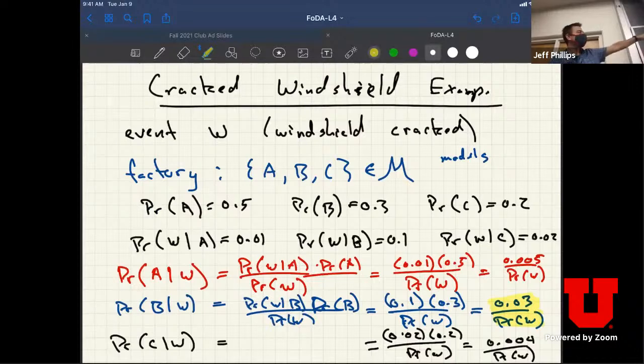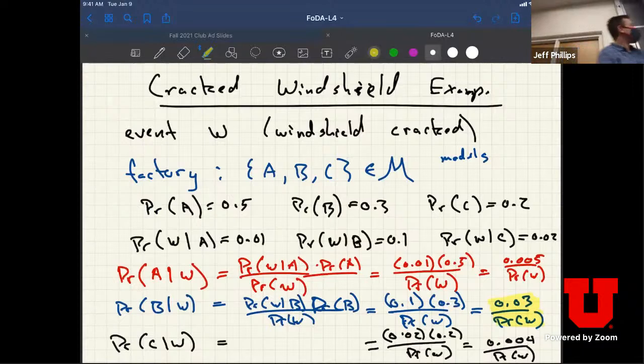What is the union of A, B, and C? The total sample space, right? What's the probability of the total sample space? Yeah, it has to be 1.